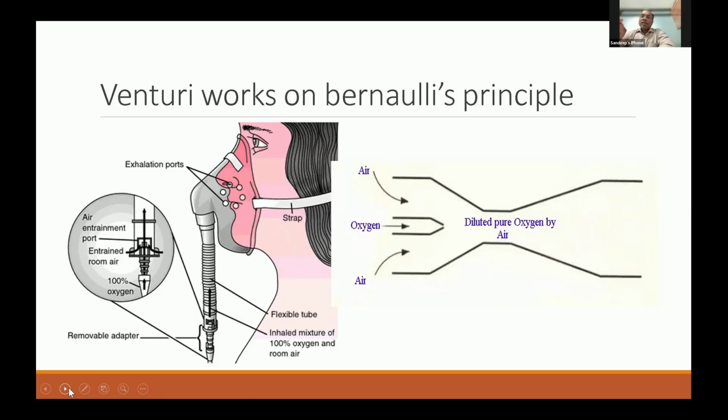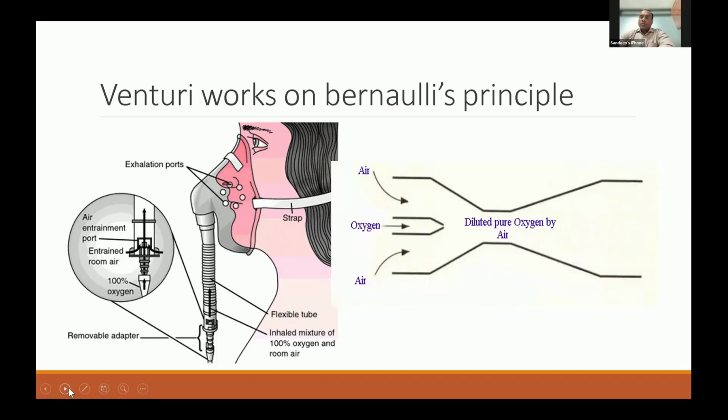You will find that there is a small opening where you are fixing the oxygen port, and then there are holes around it, which is used to entrain the air. So there will be 100% oxygen which is going through that particular hole, and it will also sort of suck in or attract the air from the sides. So 100% oxygen plus air will mix in a specified manner, and it will give a fixed FiO2. You can see and check that.